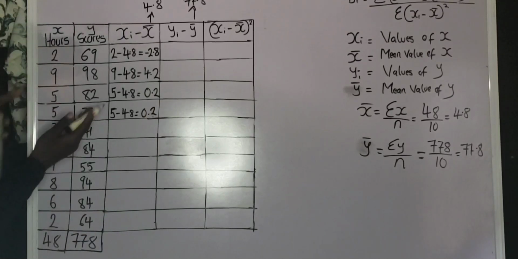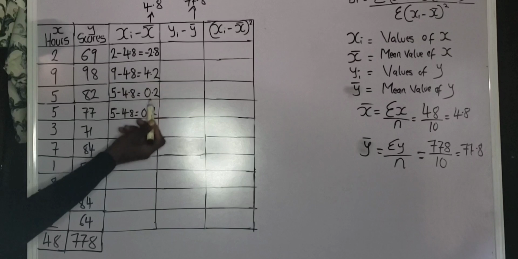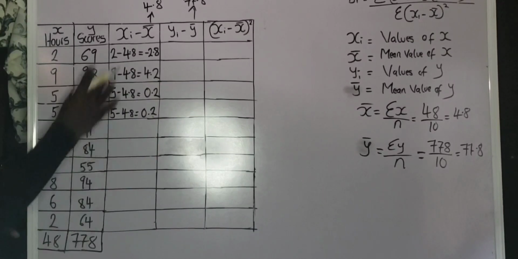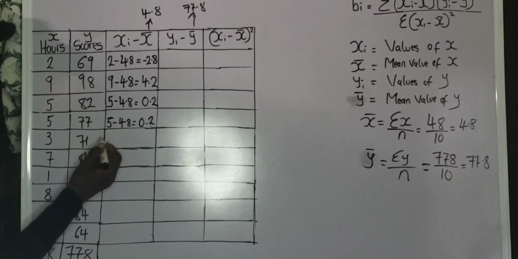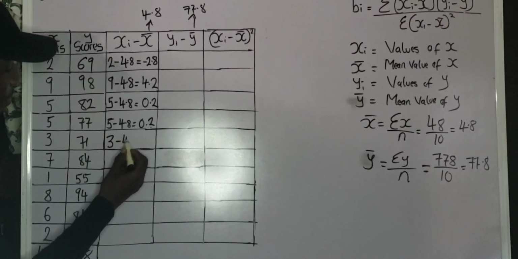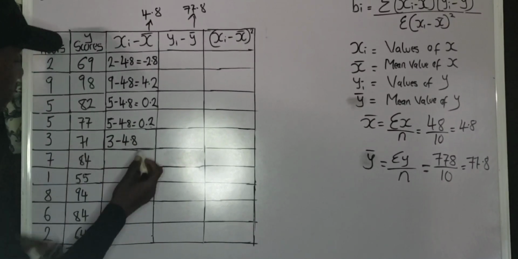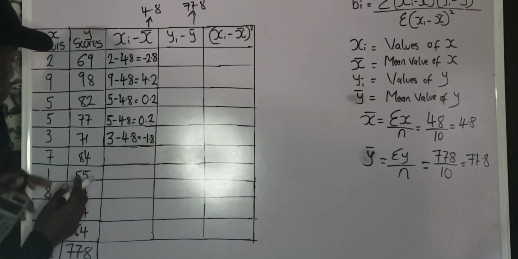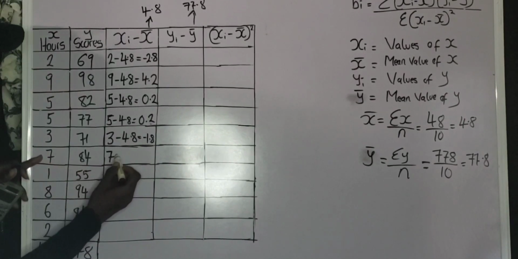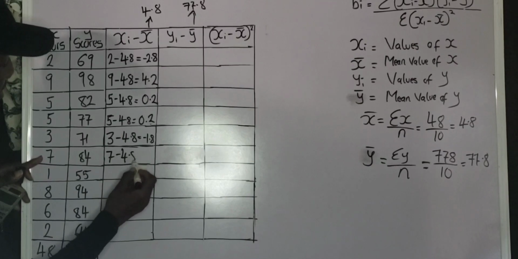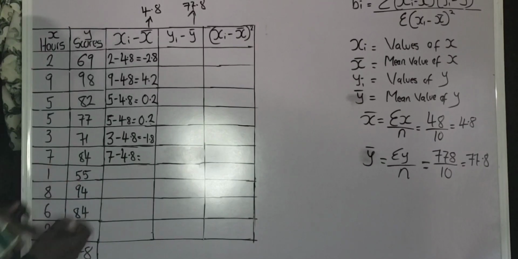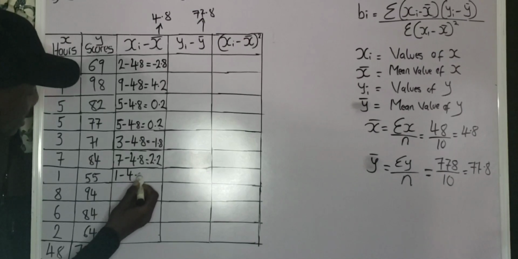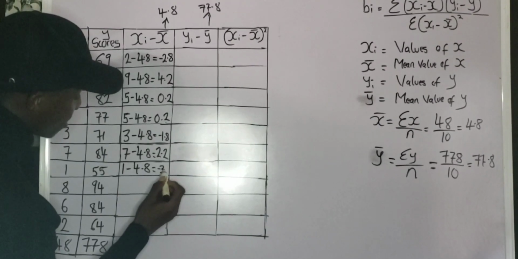The reason why I showed how I got these values is because I want you to understand. When you are solving yours in the exam, you don't have to put this, okay? So for these cells, I'm going to have 3 minus 4.8, that will give us minus 1.8. For these cells, I'm going to have 7 minus 4.8. If you punch your calculator, you are going to get 2.2. For these cells, 1 minus 4.8 is minus 3.8.